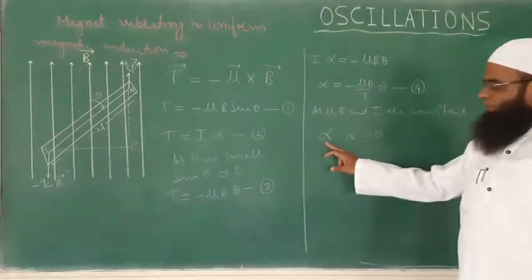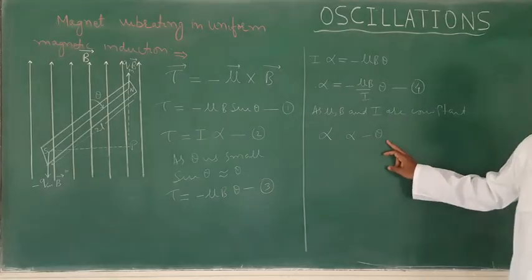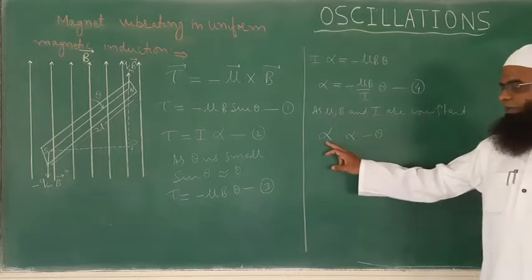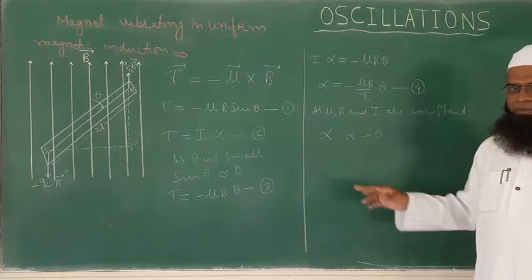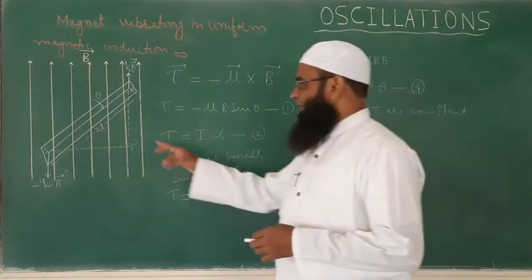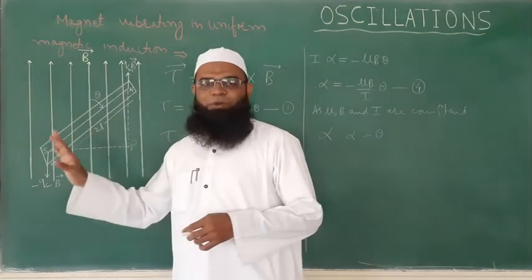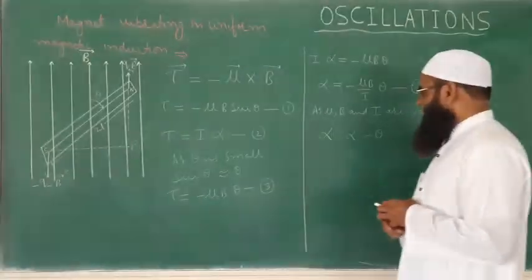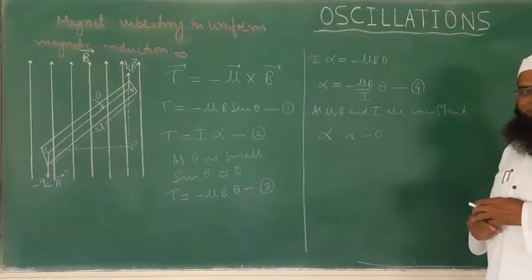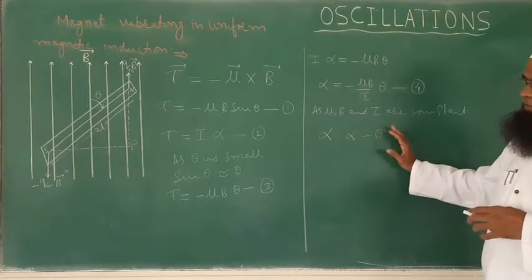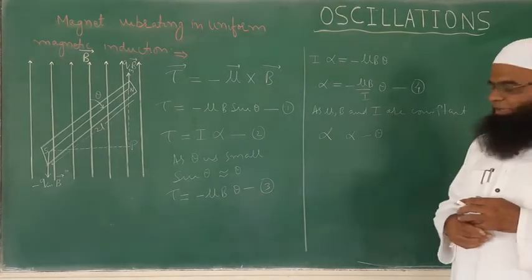Angular acceleration is directly proportional to angular displacement and they are oppositely directed. So we can say that the magnet is performing angular simple harmonic motion. So we can find its time period, how much time is taken by the magnet to complete one vibration.